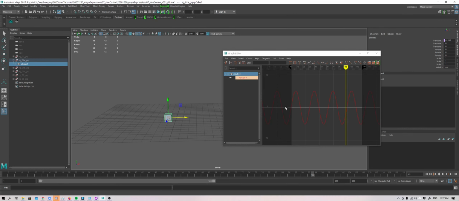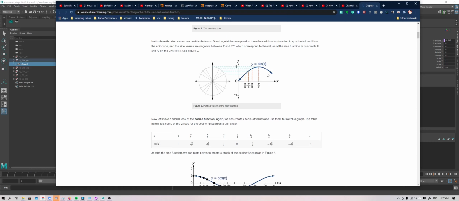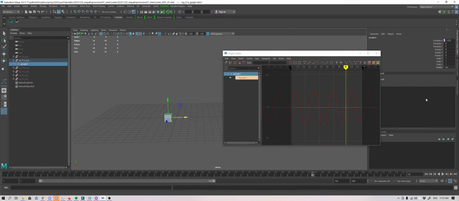In our case, y is the value that keeps updating and is given to whatever we drive our channels with, which is translate x. The x axis in relation to the function is time. As time goes on and we keep giving it new updated frame numbers, the sine curve gives us a repeating and updating graph like that.